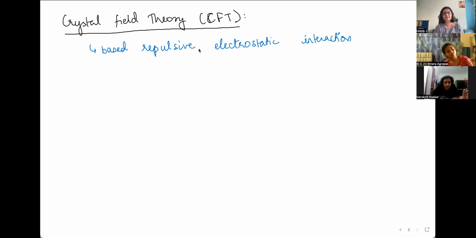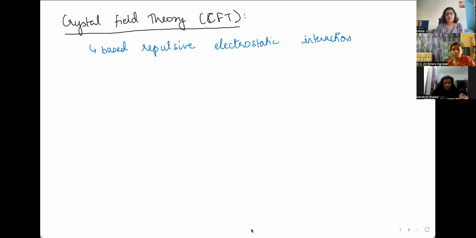And crystal field theory is better because it can explain the shape, the magnetism and the optical properties, like whether it will have a color or not. If you know what metal is there and what ligand is there, you will be able to get all of these details.